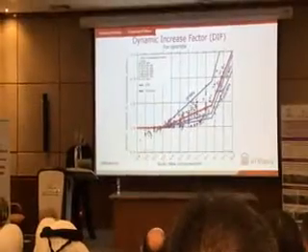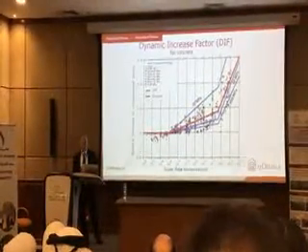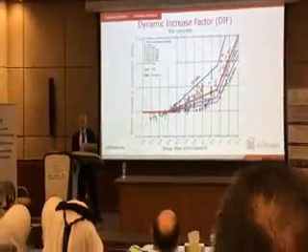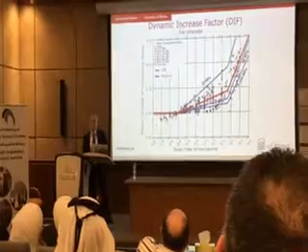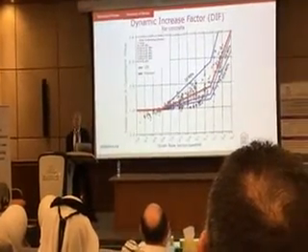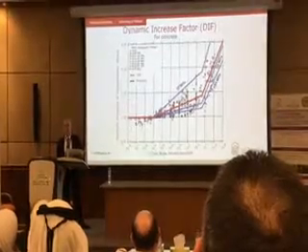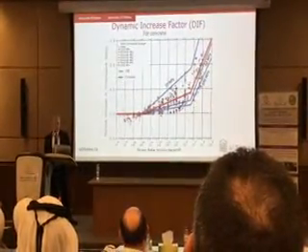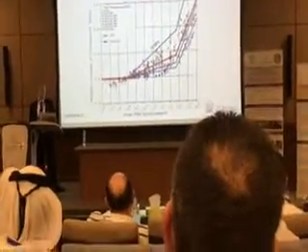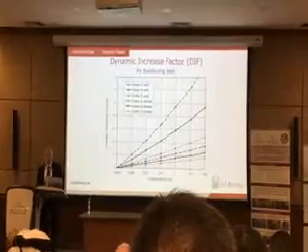And these are the test results, and we recommended equations for dynamic increase factor, which is shown for different strength concretes in blue lines. And the European standard CEB suggested an average value irrespective of strength, which is the red line. But the vertical axis is the amount by which you are allowed to increase strength for design purposes.